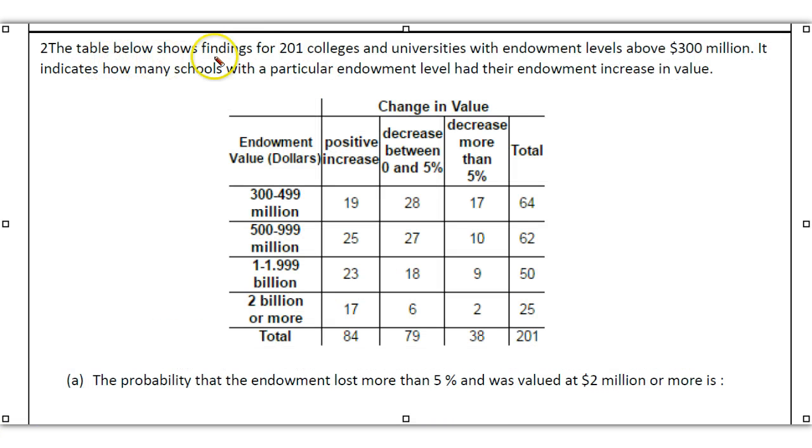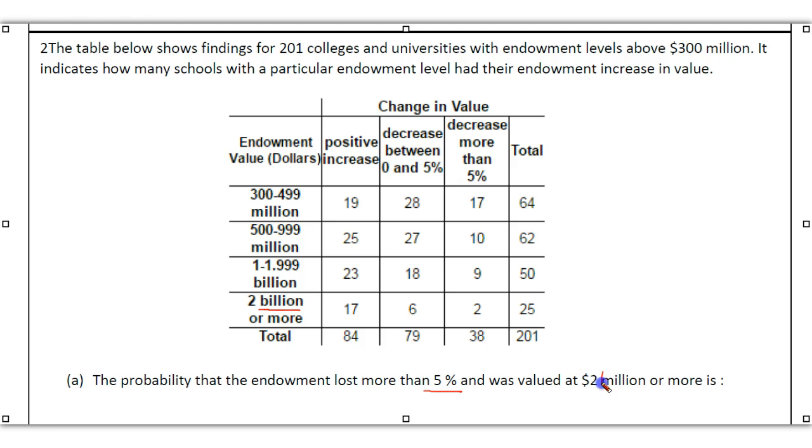Now in example 2, they give us this table here, and if you read it carefully you can pause it. But then when they ask the question, the probability that the endowment lost more than 5% and was valued at 2 million, that didn't make sense, because the only one that dealt with 2 million was this 2 billion.